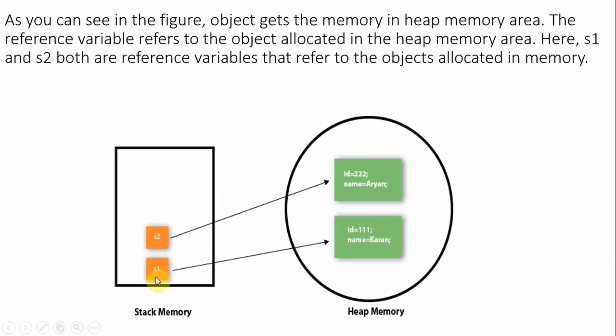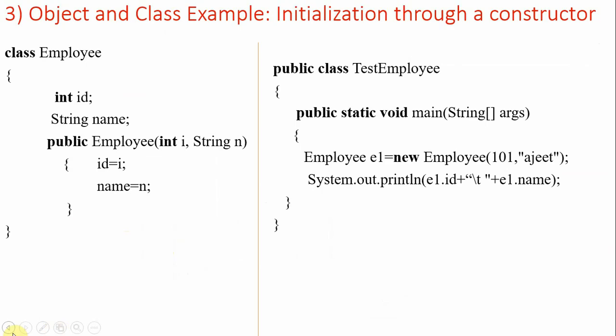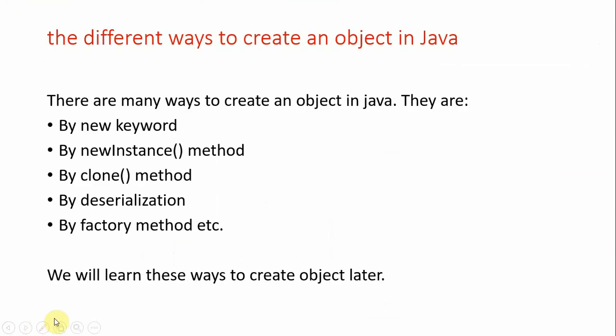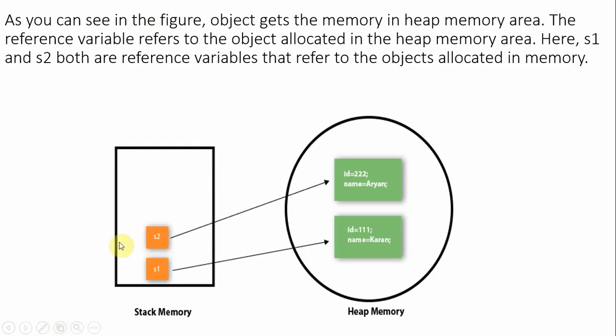First s1 is stored, first created, but s2 is added later, that is last created. So LIFO it follows. Stack memory is a temporary memory where we can store temporary data, like local variables and reference variables.